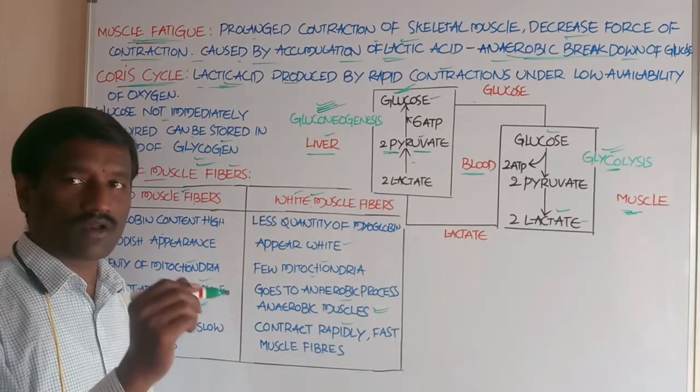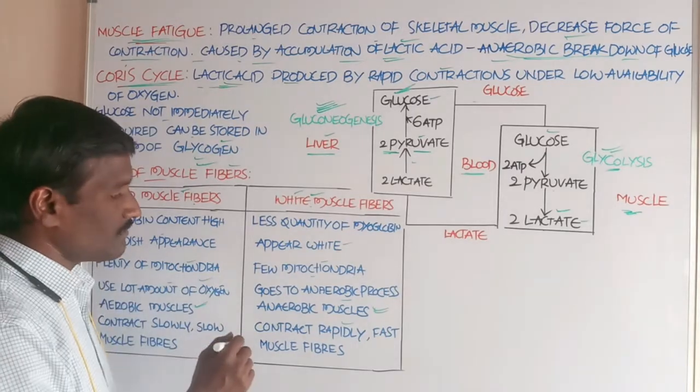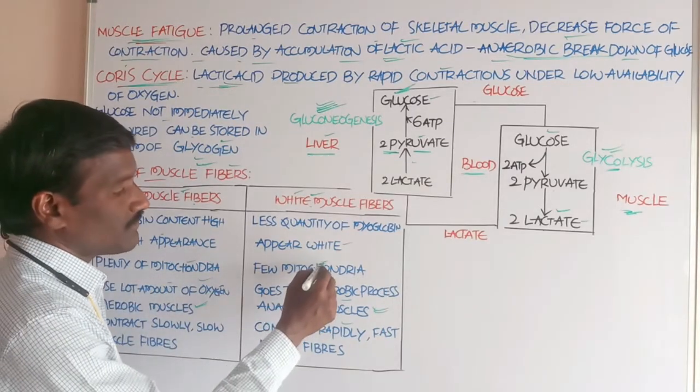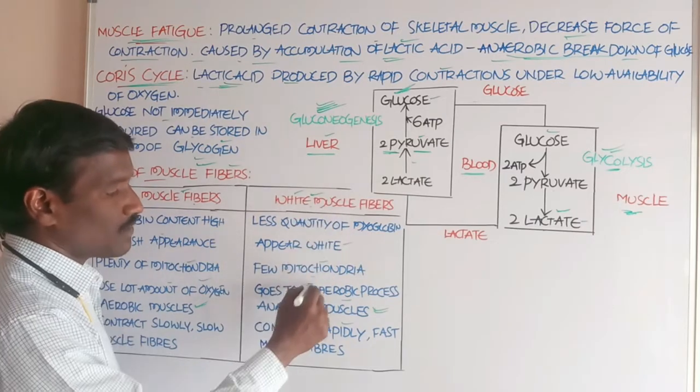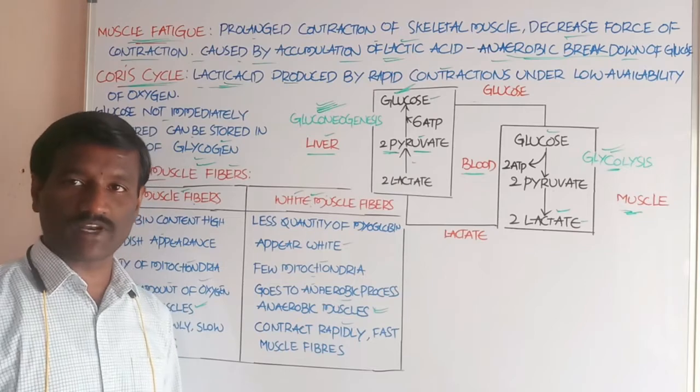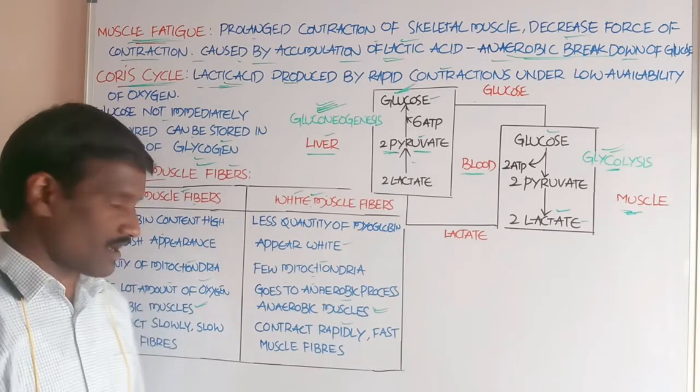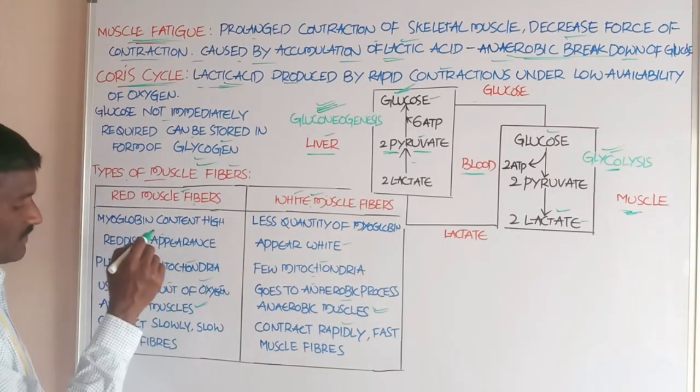Because of few mitochondria, the white muscle fiber undergoes anaerobic respiration.